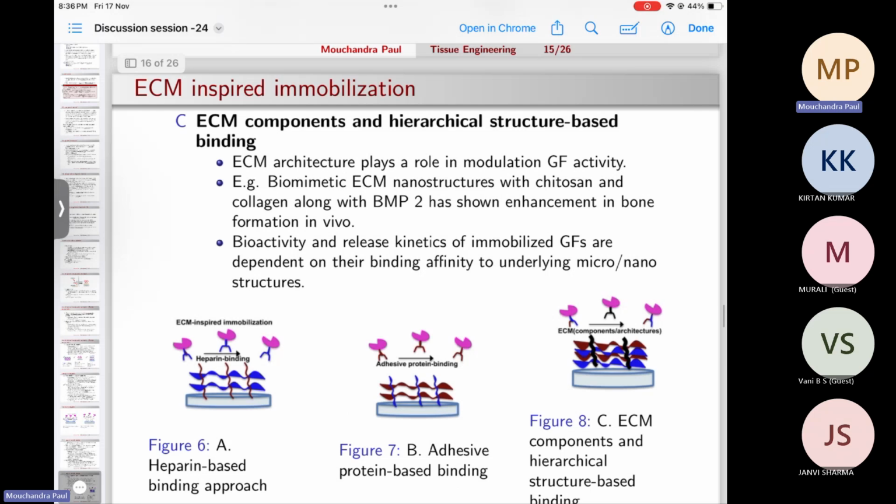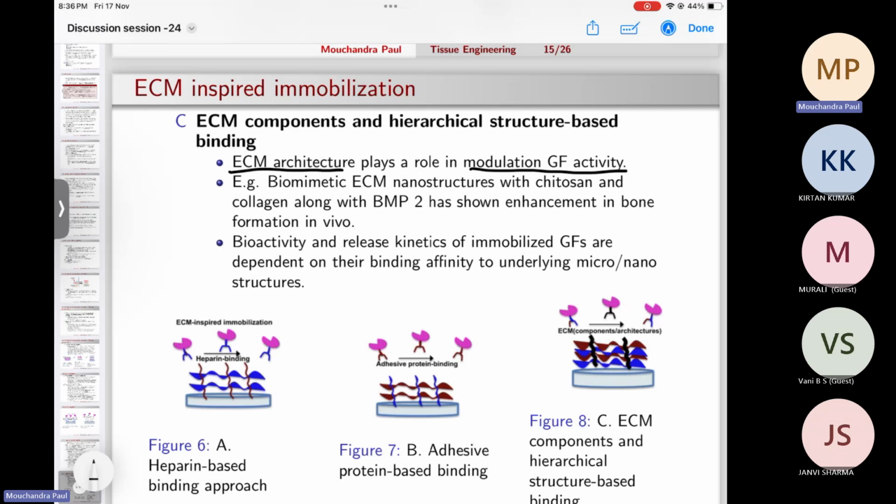And then the third example of doing this is we can mimic the hierarchical structure of the ECM in our scaffold. How the ECM architecture is there in the tissue plays a very important role in modulating growth factor activity.